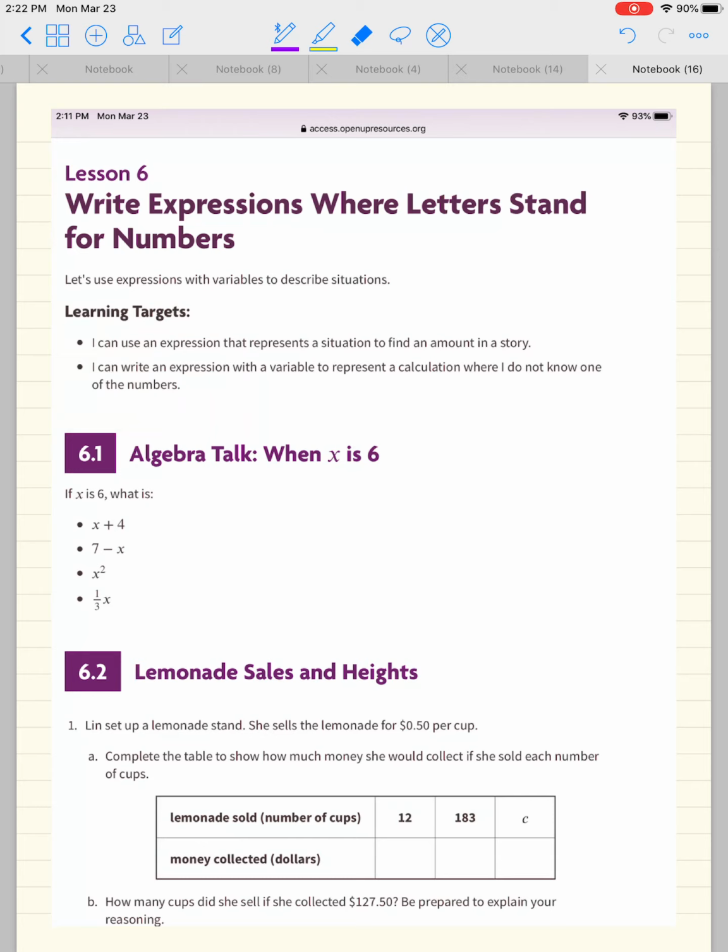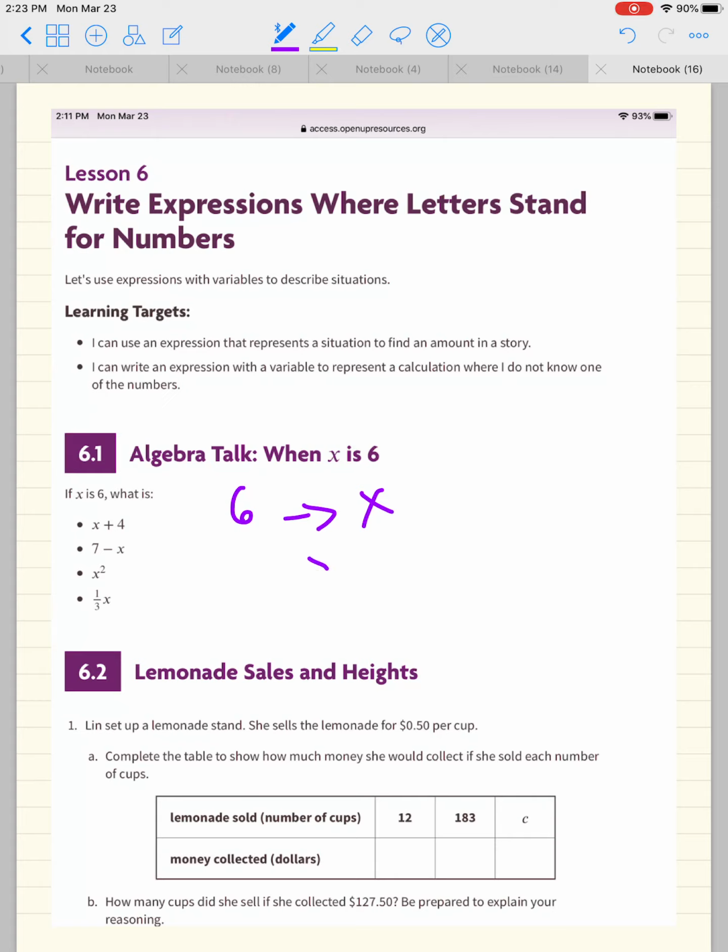Let's go ahead and get started on 6.1, the warm-up. It is an algebra talk, but again, we can't really do a number talk because you're by yourself at home. But it says, if x is 6, what is, and then it wants you to solve each expression. So what you're going to do is you're going to take the number 6 and you're going to plug it in as x.